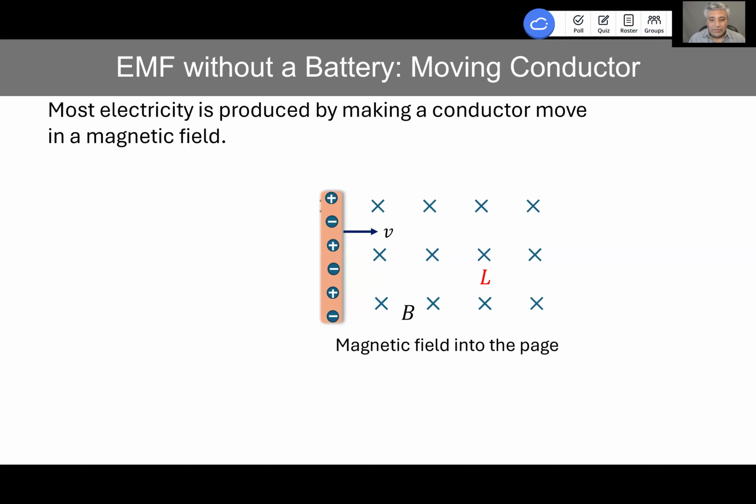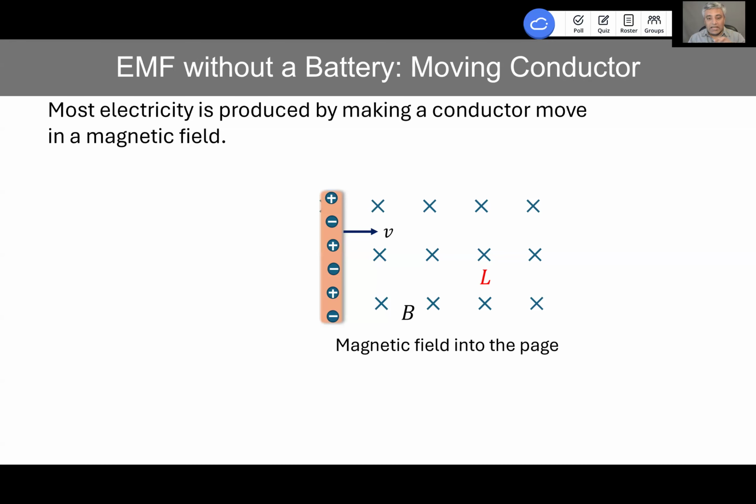So today we're going to be developing on that idea, and then learning about how we can generate EMF or current by making conductors move in a magnetic field. Okay, so that's how the electricity that we use in our daily life is generated. It's generated from moving conductors.